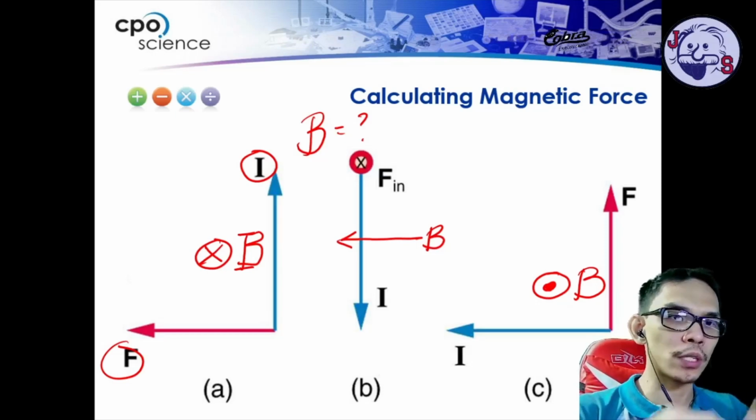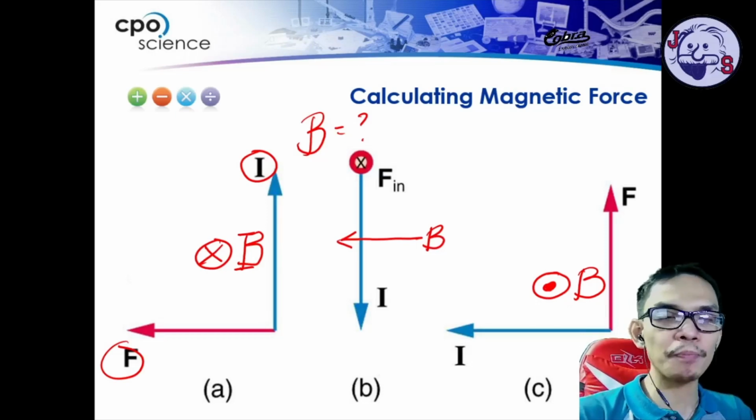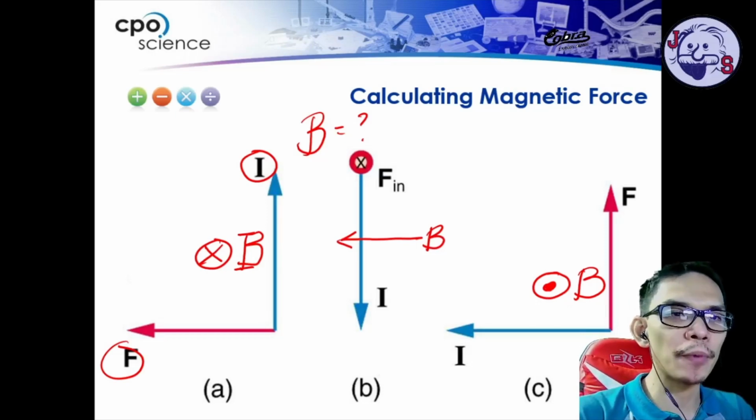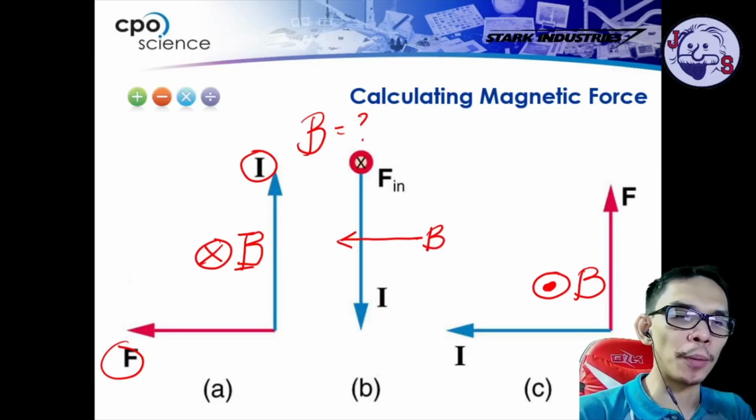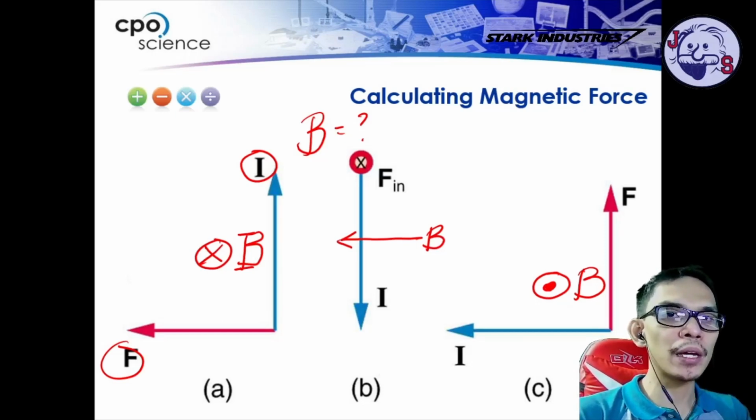To wrap this part up, whenever you have two magnetic fields interacting with each other, magnetic force in the form of attraction and repulsion will likely be produced.